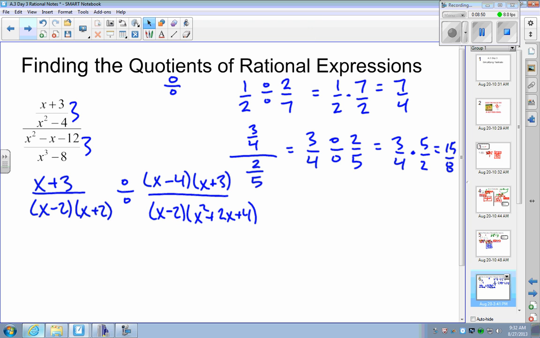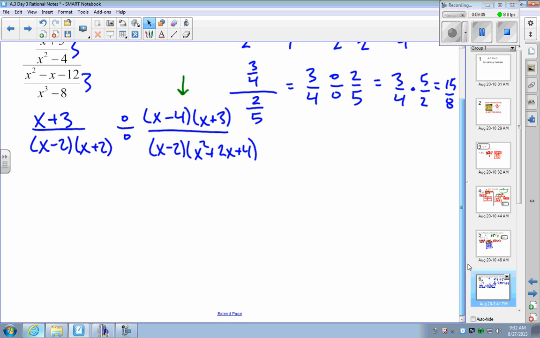Okay, now you may be tempted to try and grab the domain now, but this isn't the problem we actually want to do because we're dividing by this second piece here. So what's on the bottom right now isn't going to be on the bottom when we actually do the problem. So therefore, let's get the problem all set up.